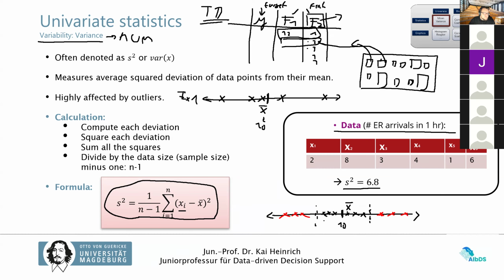I'm just saying you cannot really infer that. However, it's very important that you can compare variances and then get an idea of what's going on. Now if we look at the formula, basically what we do is add up all these differences between the mean and the value.